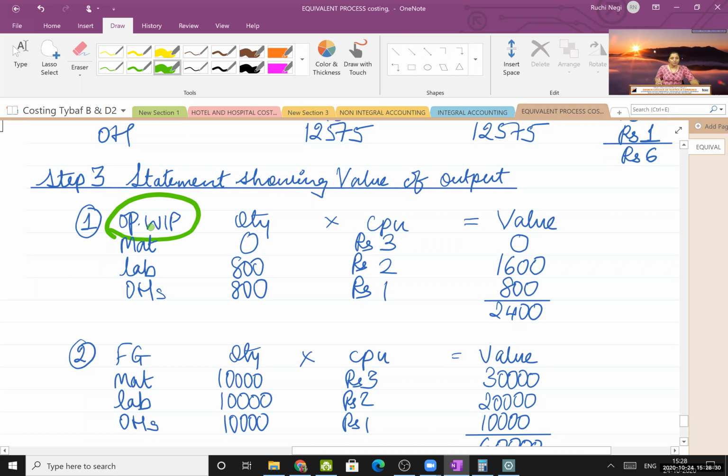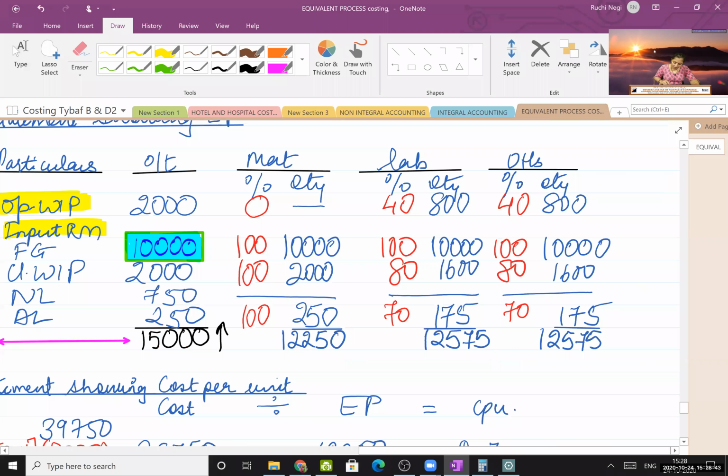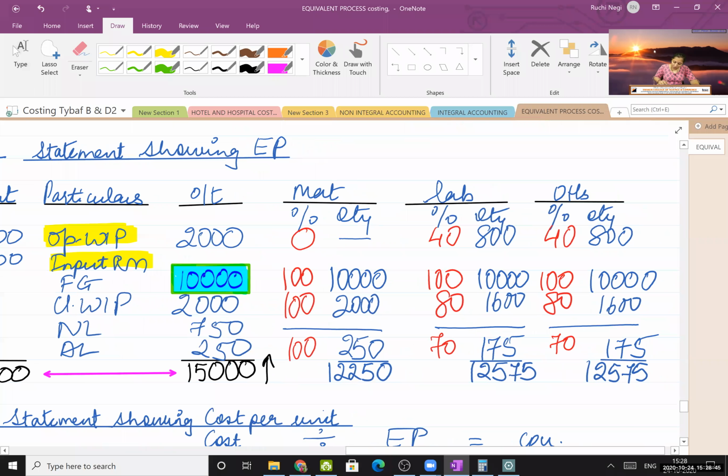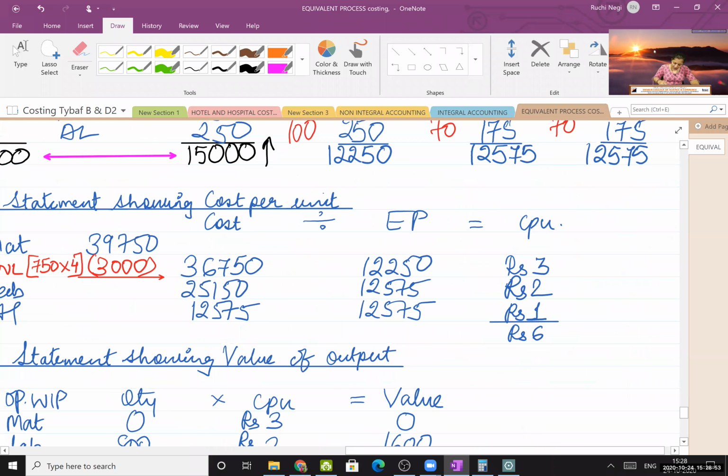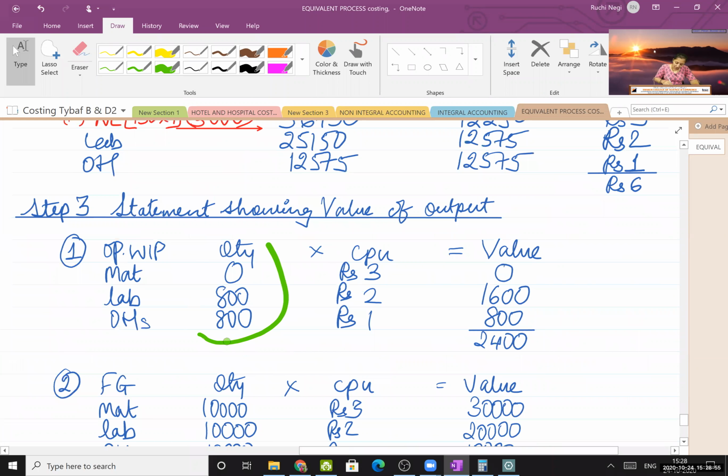Okay, so start with step 3, WIP. How will you get the value? Value कैसे मिलता है? Quantity multiplied with rate. Everything you will get from step 1. WIP कितना है? 0, 800, 800. See, quantity में 0, 800, 800.